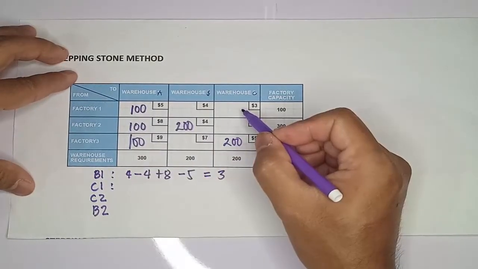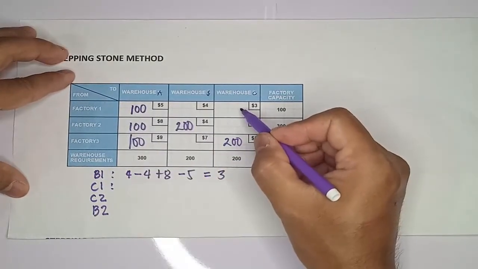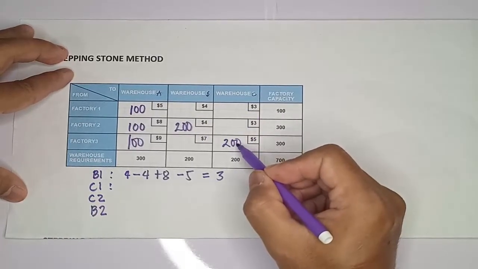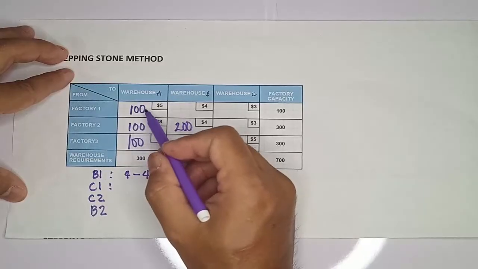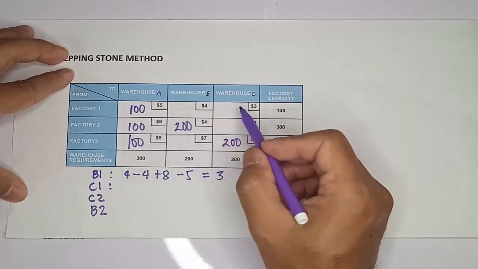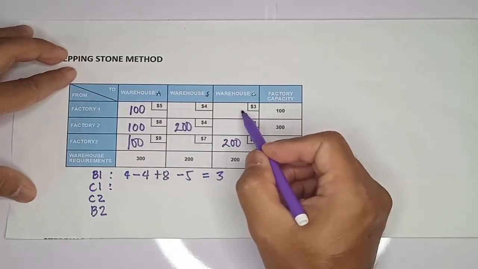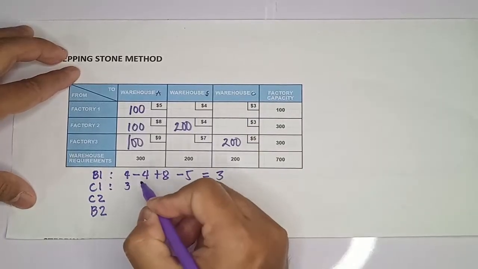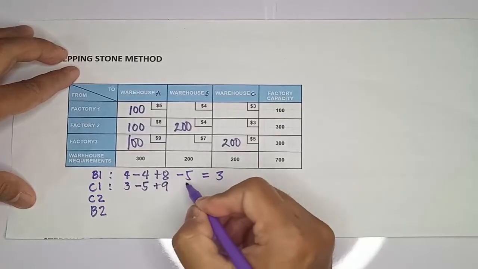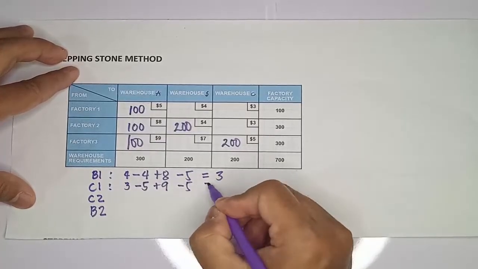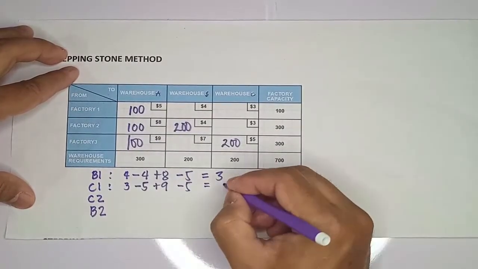The loop of C1 is C1, C3, A3, and A1, going back to C1. So that's 3 minus 5 plus 9 minus 5, and this is equal to positive 2.